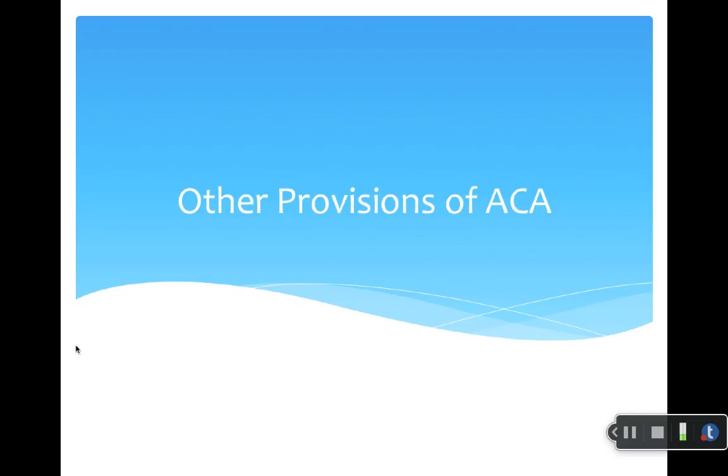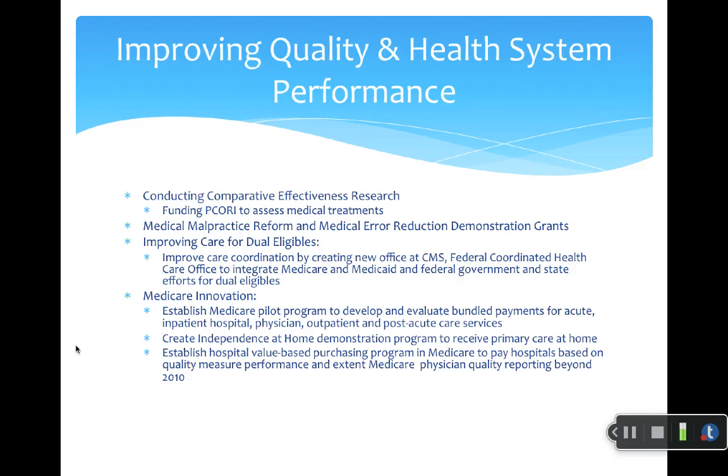Now, as if that weren't enough, there are some other major provisions of the Affordable Care Act that are worth mentioning. At the same time, when we're trying to reduce costs per capita, to reduce expenditures in the healthcare system, and ensure people have access, we're also simultaneously trying to improve quality. And so there's been a wide range of Medicare innovation projects that have been done in the last 5 years to really develop and evaluate this new bundled payment system.